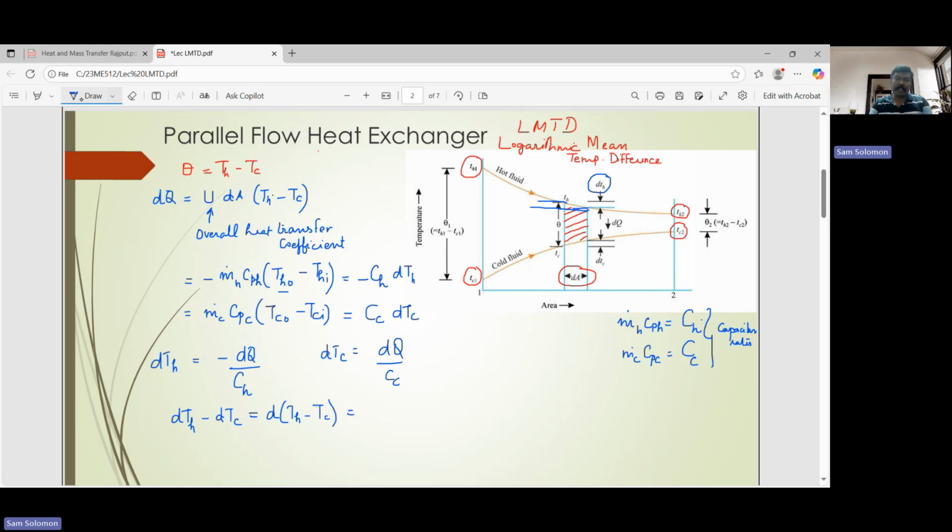D of Th minus Tc is going to give you dTh minus dTc. And we know that Th minus Tc is going to be your theta. So it is d theta equal to minus of minus dq times 1 by capital CH plus 1 by capital Cc.